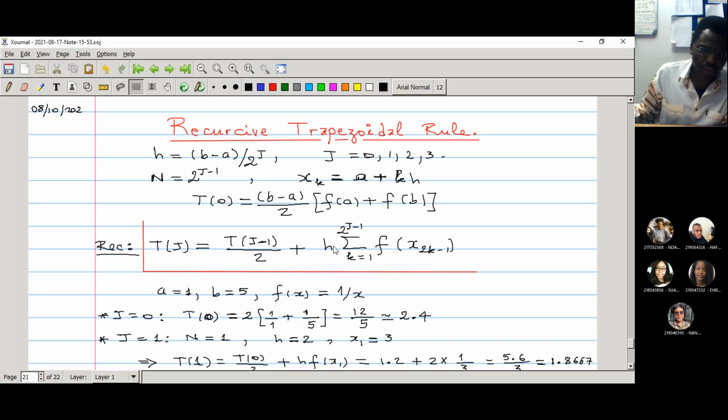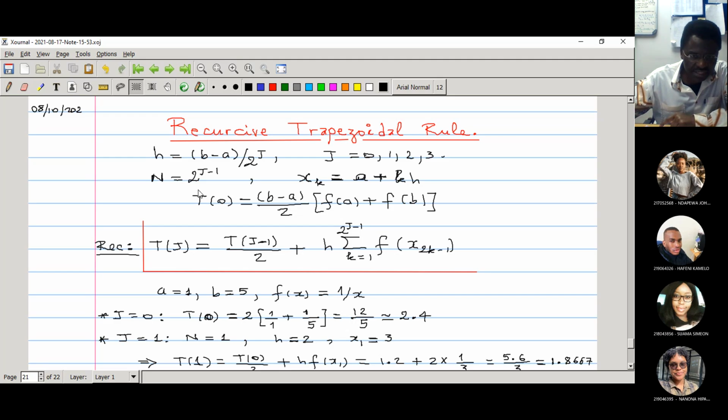What I want to draw your attention to is that in this summation, you only have the interior points. There are no endpoints. The endpoints are all kept inside here. You can see that you have f of a plus f of b. So the endpoints a and b are in T0, and they will be used here all the time because we'll be dividing this by 2 all the time.